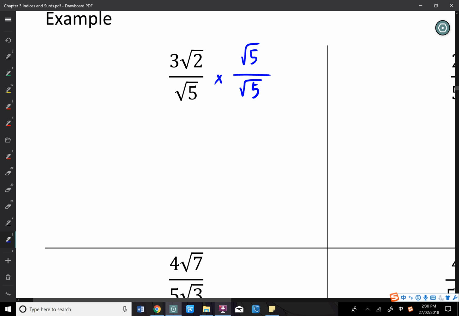I also need to make a balance. Times a root 5 on the top to keep the number the same. So root 5 over root 5 is just 1. It seems like it changes nothing here. But if I times that, the top becomes 3 root 10. The bottom becomes just a 5, because root 5 times root 5 is 5. And the top is 3 root 10.